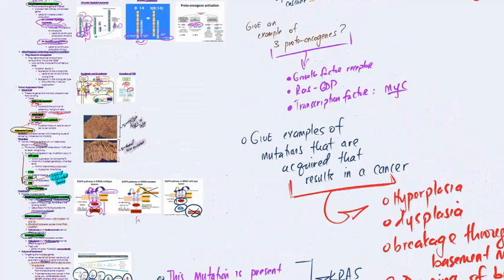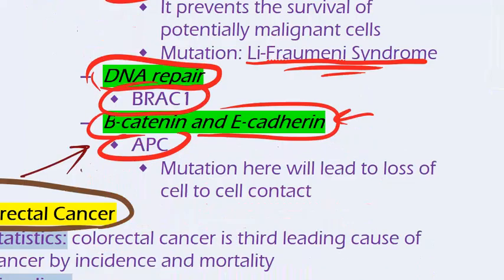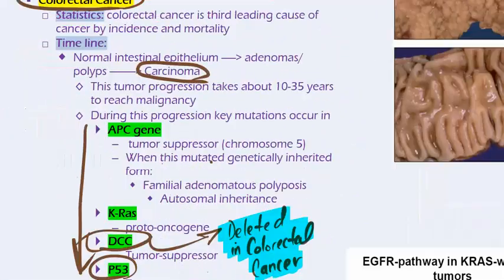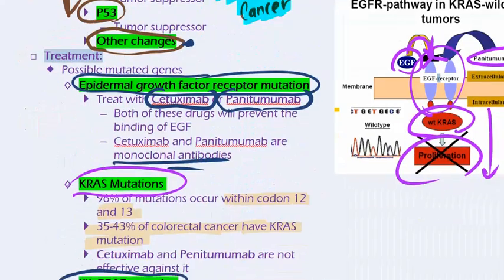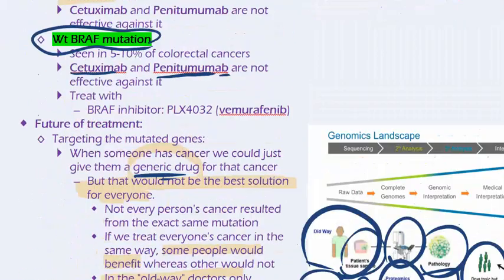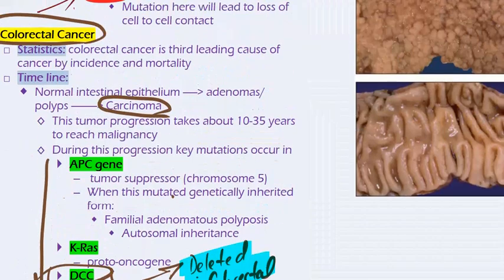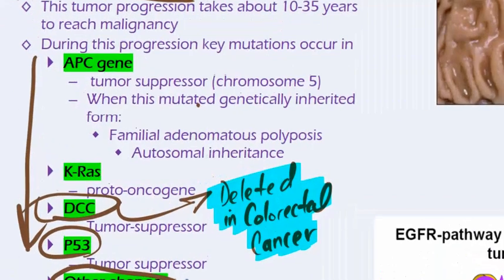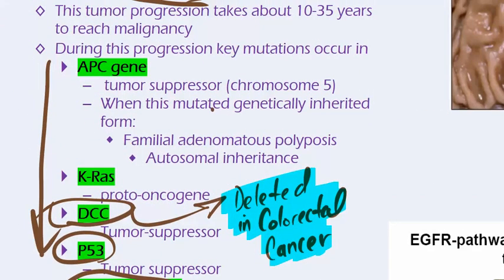One last thing that I'll point out to you guys before we head out. When you're looking at colorectal cancer, the first mutation that usually occurs is your APC gene. Now, APC is a tumor suppressor.